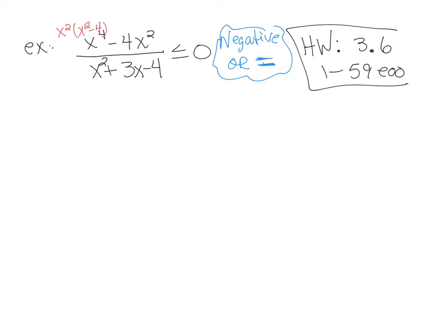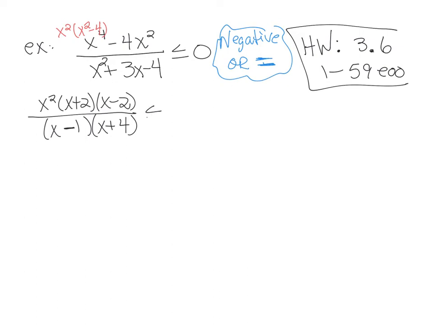So the factored form of my problem is going to be x squared, x plus 2, x minus 2, and the bottom is going to be x times x. Lots of factors here. I got a 1 and a 4, and the 4 is a plus and the 1 is a minus because I wanted the factors of 4 that subtract to be positive 3, okay? And that is less than or equal to 0, or negative or equal to 0. So I find my critical values.